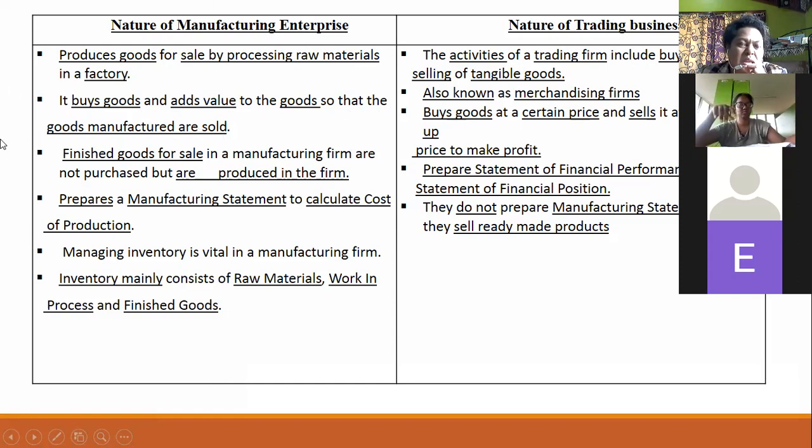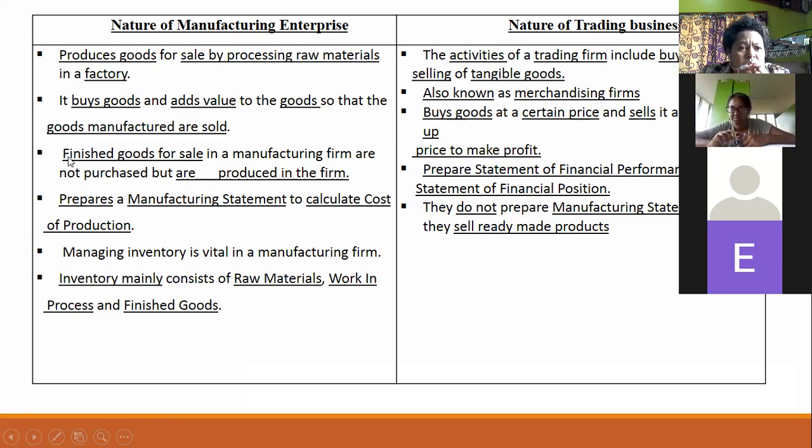Let me just repeat that. It buys raw materials, processes those raw materials, and sells them, turning those raw materials into finished goods. So who purchases those finished goods from manufacturing enterprises? The trading businesses.